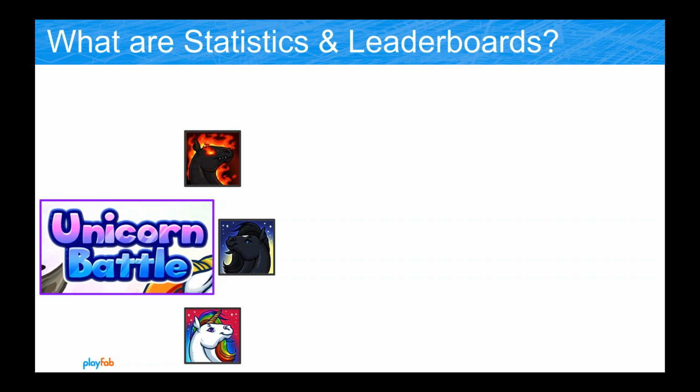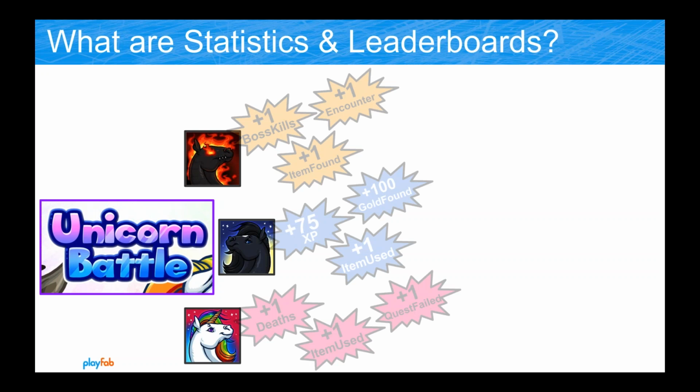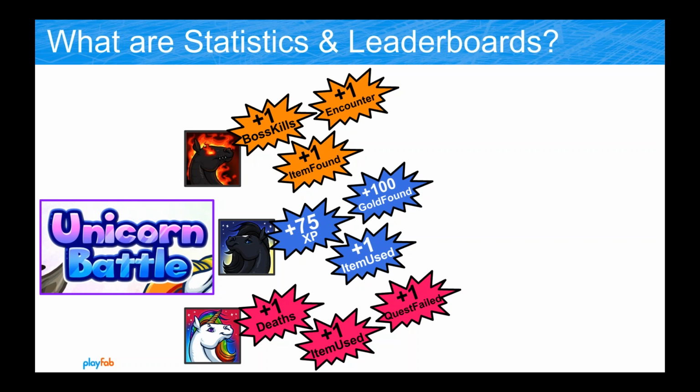As each player is playing, they are triggering events, things are happening in your game, and those events trigger stats. Those stats could be arbitrary things that happen in your game. In this case, I've got boss kills, encounters, items found, gold found, items used, quests failed, deaths, etc. That's just an overview of some stuff that you could use. These are examples that we use in Unicorn Battle. These stats are called from the server API and stored in the PlayFab backend.